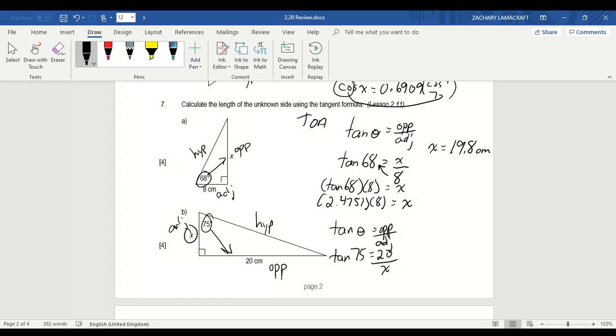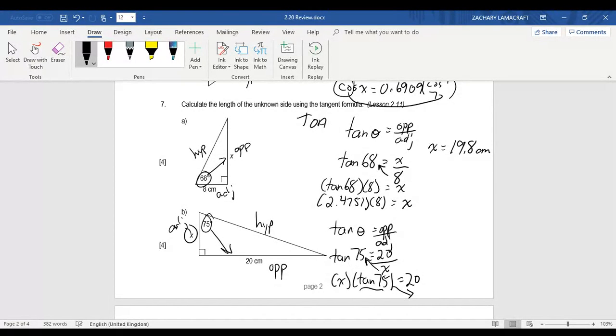So once again, we need to get x by itself, but we don't want it on the bottom of the equation or divided by. So to move it across, we need to multiply x by tan 75, and that will give us 20. Now, we want x completely by itself, so the only way we can do that is getting tan 75 away from x and bring it over to the other side.